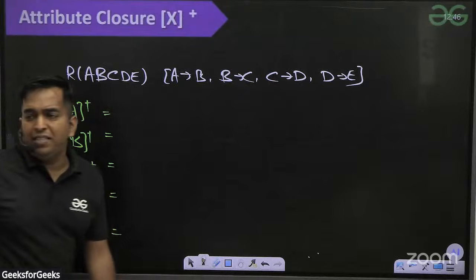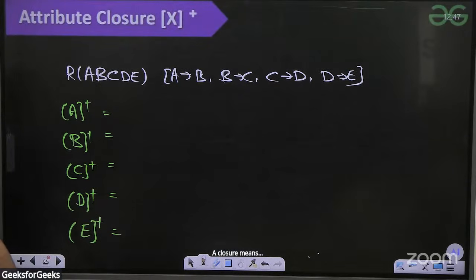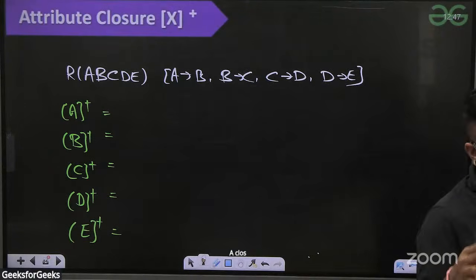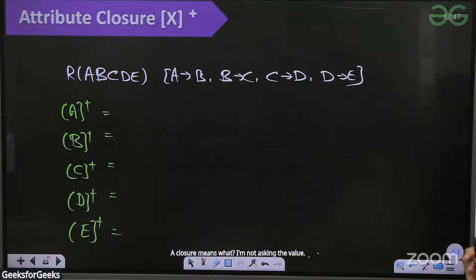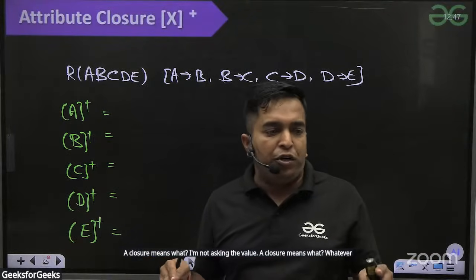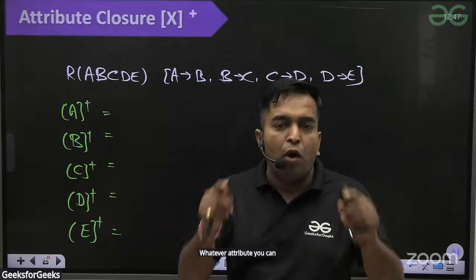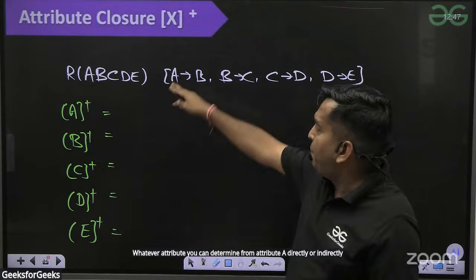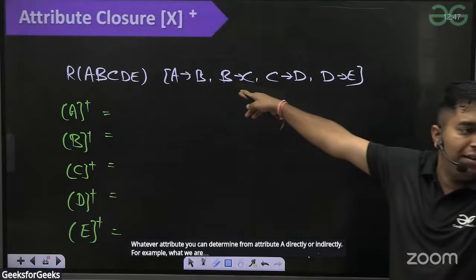A closure means whatever attributes you can determine from attribute A, directly or indirectly. For example, what are we getting from A?